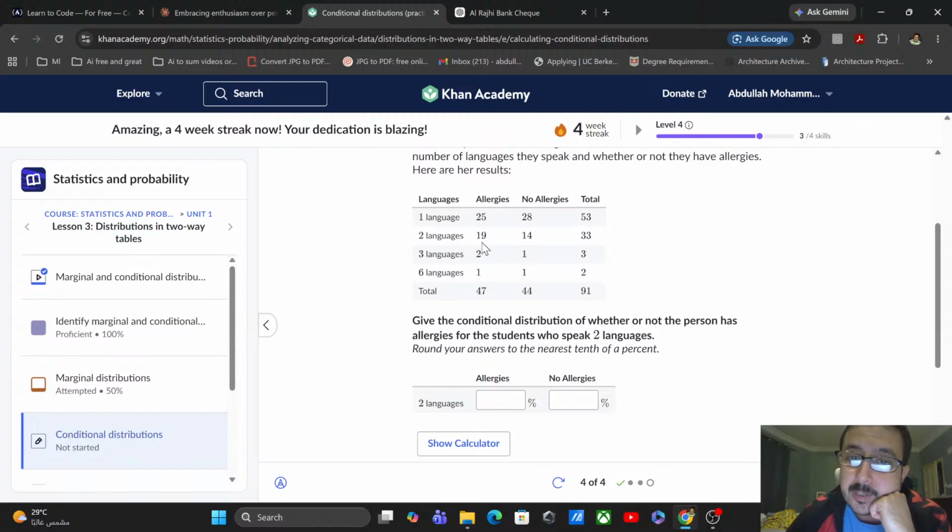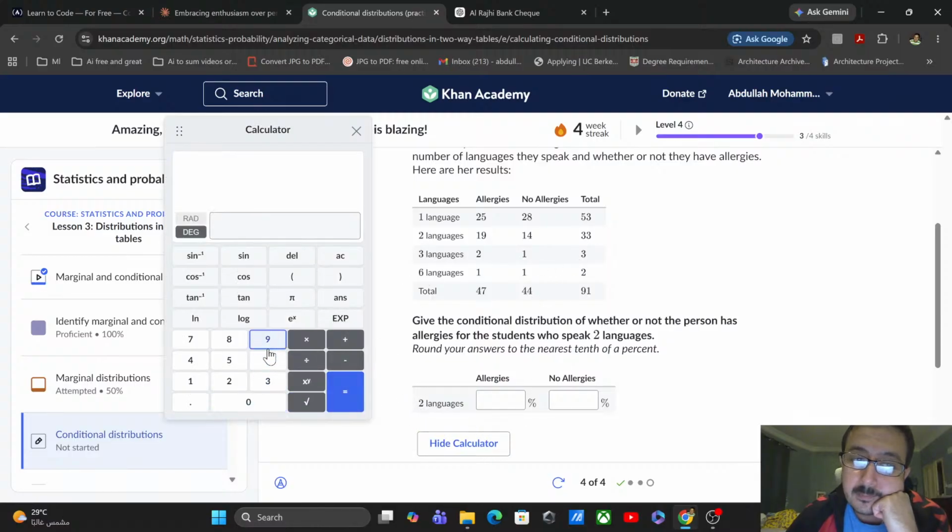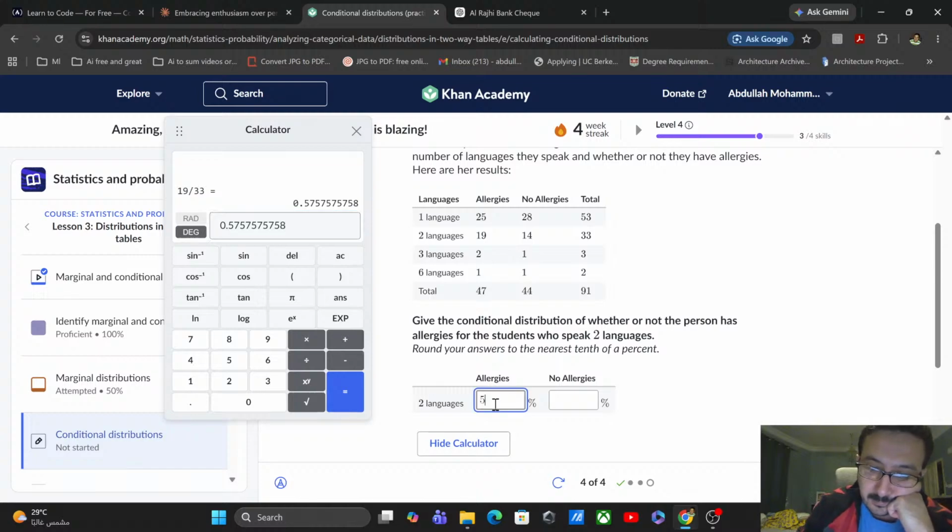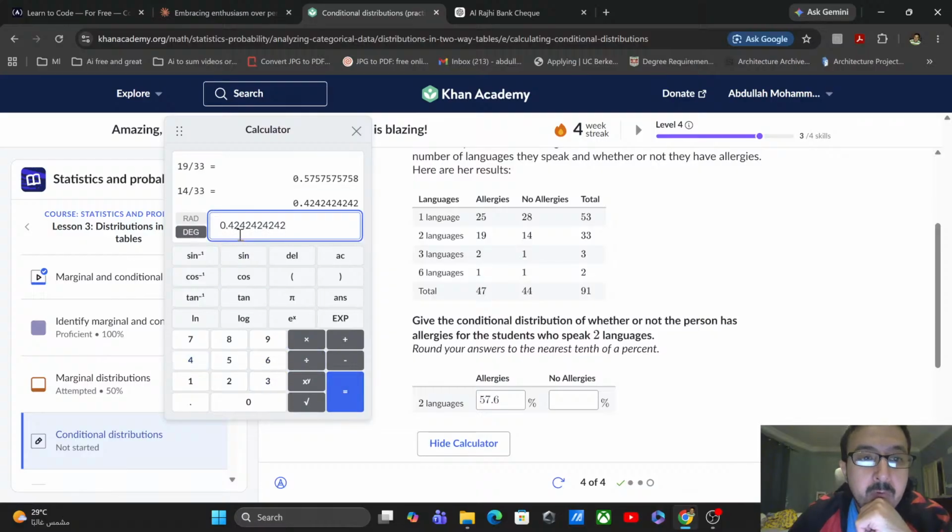Allergies. 19 out of 33. 57.6. So 14 over 33. 42.4.